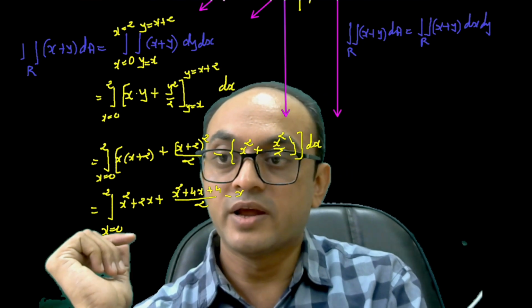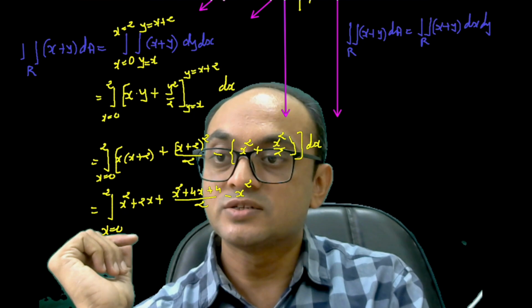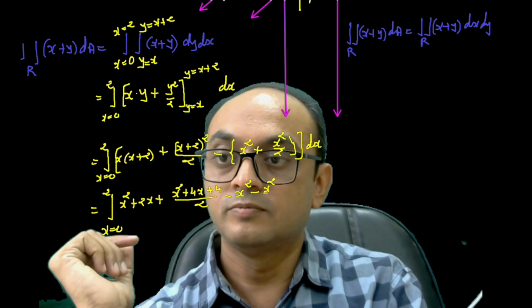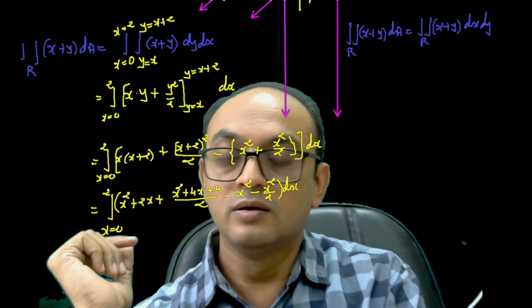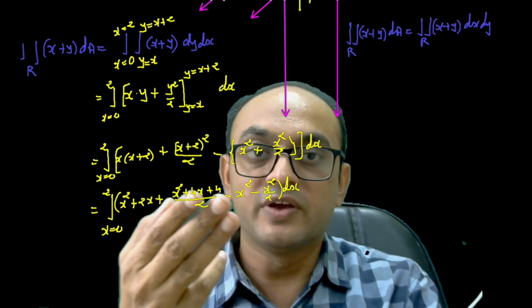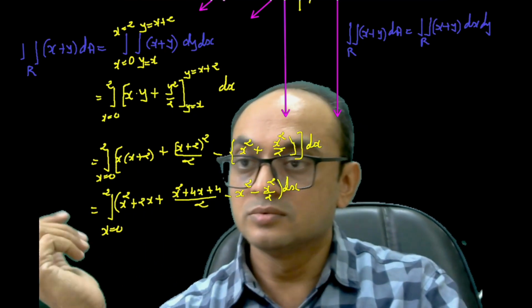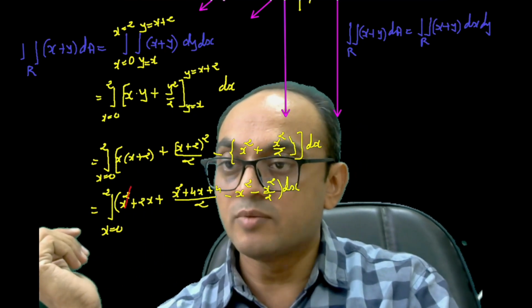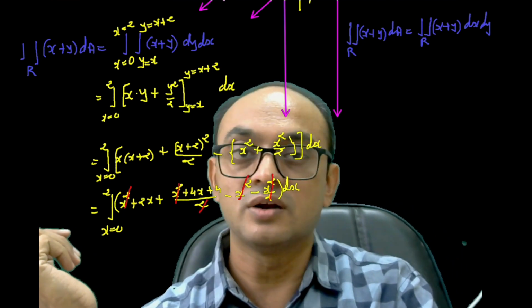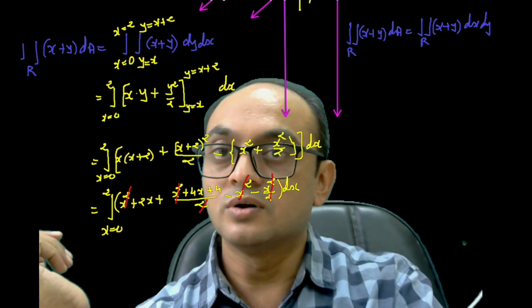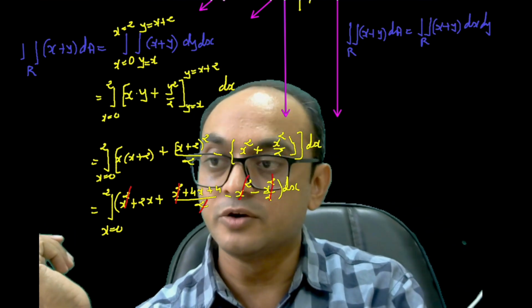This is minus x square and minus x square by 2 whole dx. This is just simple simplification. You can simplify this by yourself. So x square minus x square cancel out, minus x square by 2 and this x square by 2 cancel out, right? So again the remaining quantity, keep in mind, is 4x plus 4 divided by 2.